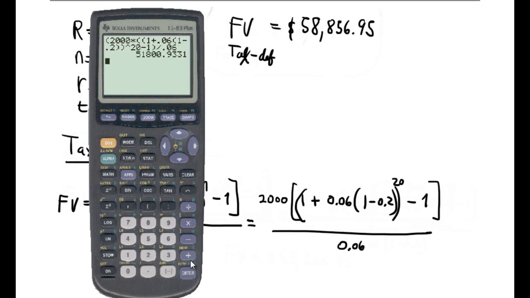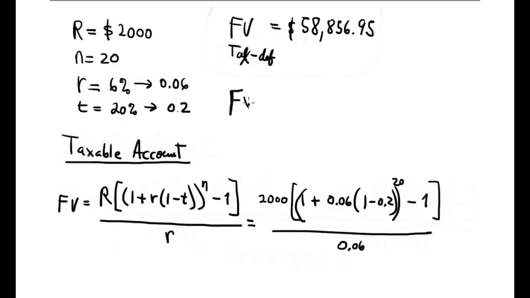And the answer is the future value in the tax salary account is equal to 51,893. It's obvious that this is much better than this.